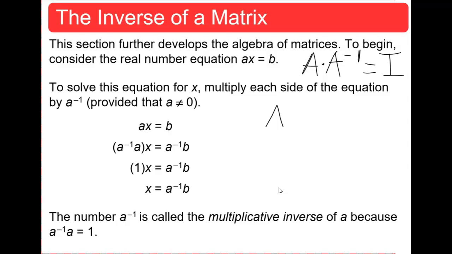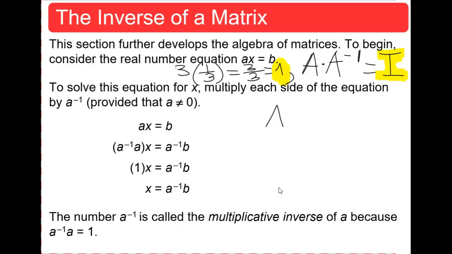So to give you an example with numbers, if we multiply 3 times 1/3, we will get 3/3, which is equal to 1. So the number 1 is considered to be the identity for all real numbers, and so is the identity matrix for all matrices of that same order. Remember, only for square matrices.